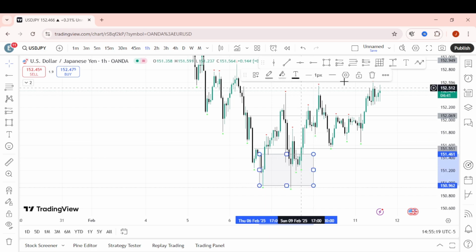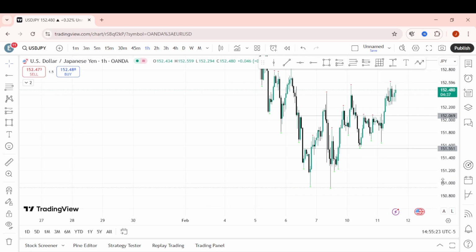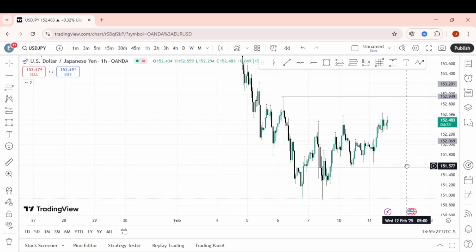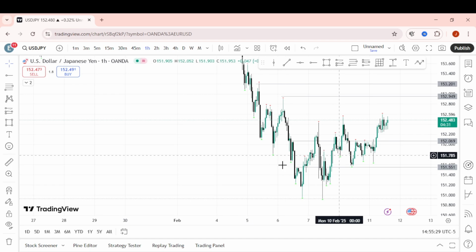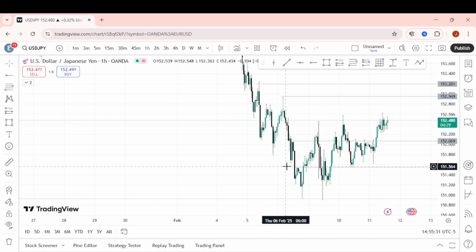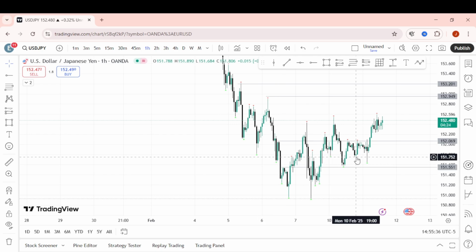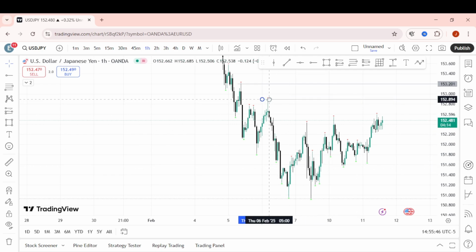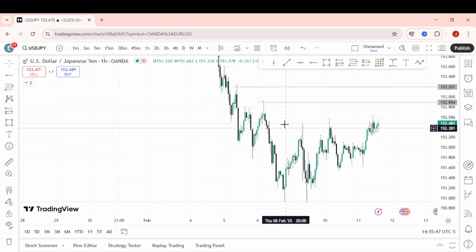So there are a plethora of examples where you see ICT's model of break of market structure actually failing. Let me also show you this example. I don't really remember where it is. Yeah, this is actually the structure I was supposed to show you first.